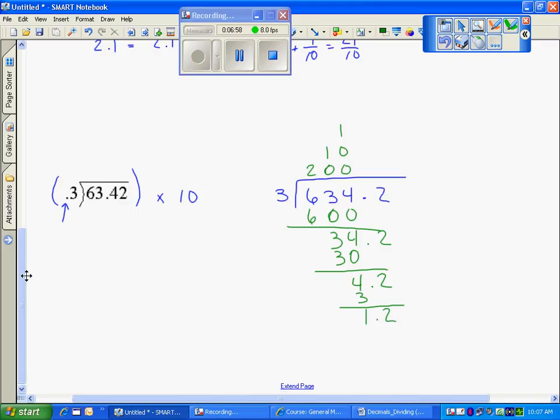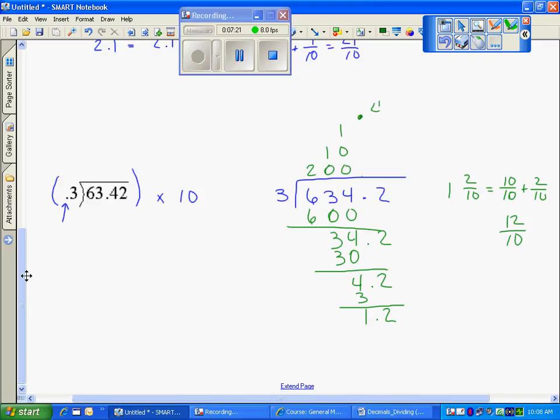So when I look at 1 and 2/10, I ask myself, 1 and 2/10 is really 10/10 and 2/10, or 12/10. How many 3s are in 12/10? Well, how many 3s are in 12? There are 4.